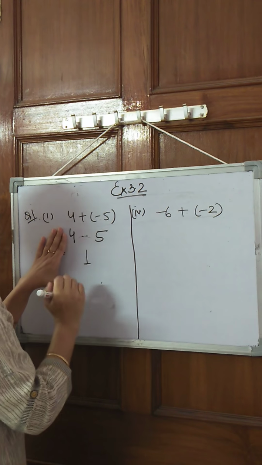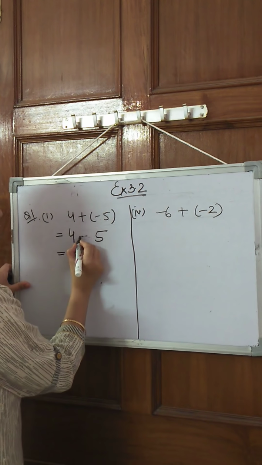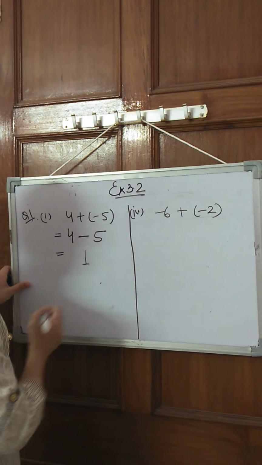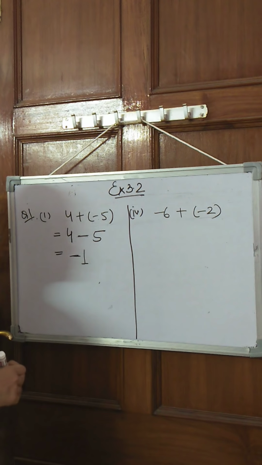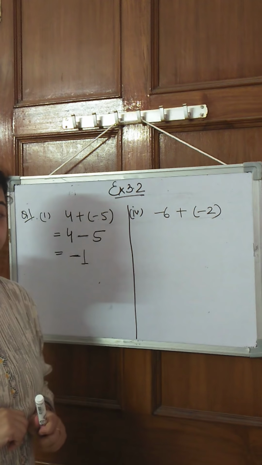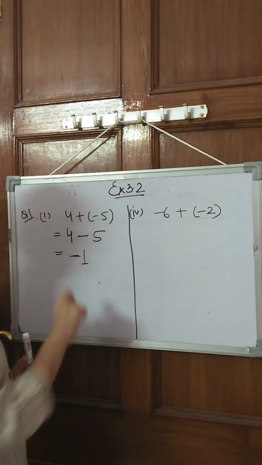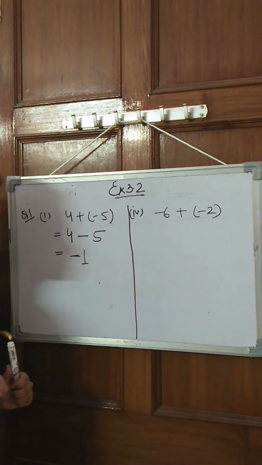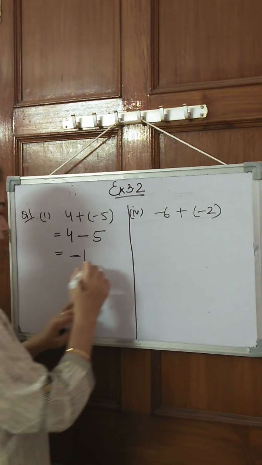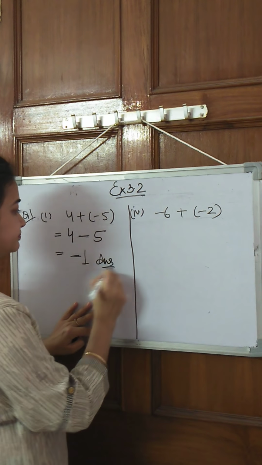Now I see the sign with the 5. The sign with the 5 is minus. So my answer is also minus, which says we always put the sign of the bigger number. Okay, numerically bigger number. So here 5 and 4. 5 is greater. So I put the sign of the bigger number, that is minus. So my answer is minus 1.